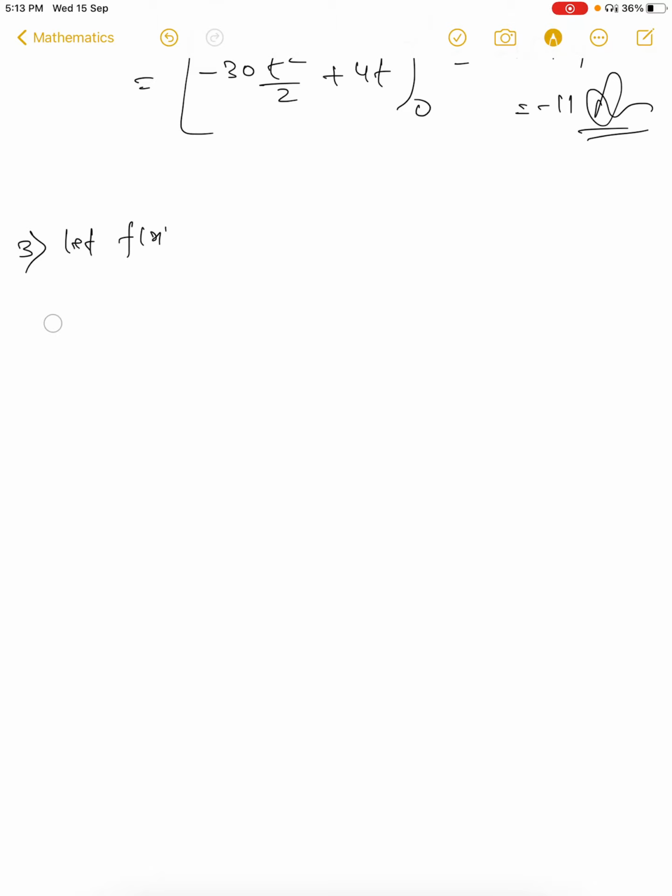Let f(x) is equal to e^x plus x square for real x.